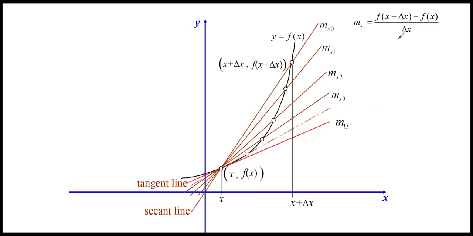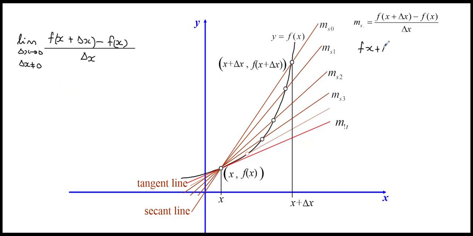In that case, we're looking at this to the limit: the limit as delta x approaches 0 of f at x plus delta x minus f at x, divided by delta x. We emphasize that delta x is not equal to 0, so we can divide there. Remember, y is equal to f of x, and this is what we call the change in the dependent variable y.